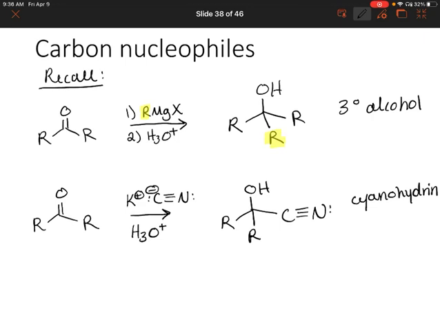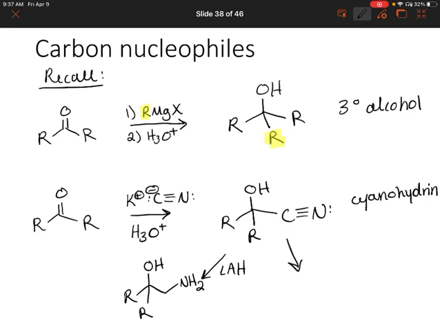Now, what's really cool is from there, you could, for instance, reduce your cyanide group by using lithium aluminum hydride, and that's going to add hydrogens to the carbon and the nitrogen. So what we end up with is a molecule with an alcohol and an amine. Another option is you can use some acid and heat.